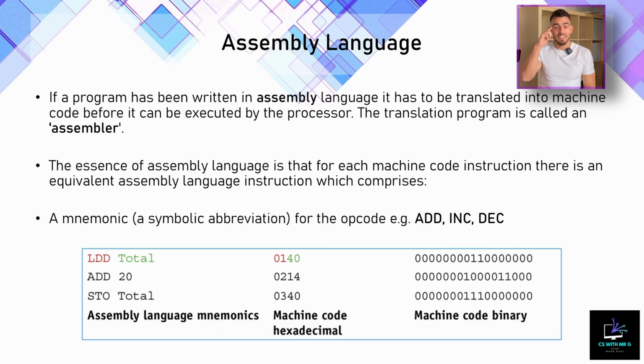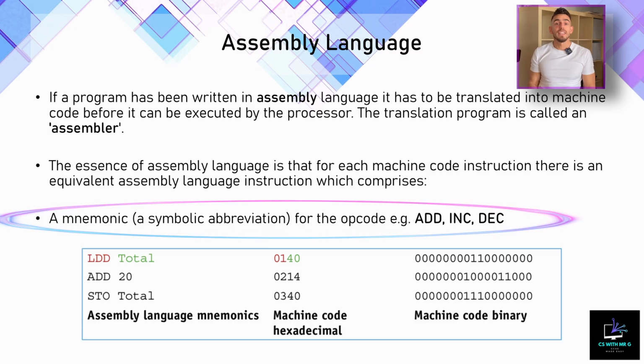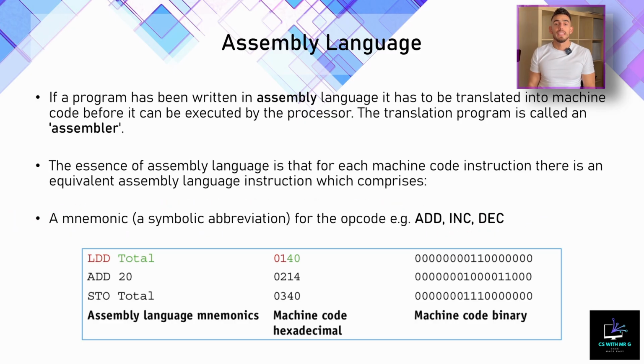And as we can see, assembly language is a language that is directly translated from machine code into some kind of mnemonic. And a mnemonic is a simple abbreviation for an instruction, for example, add, increment, and decrement, which you can see here. And as I've just said, each of these mnemonics are directly translated into machine code, which is a binary number.